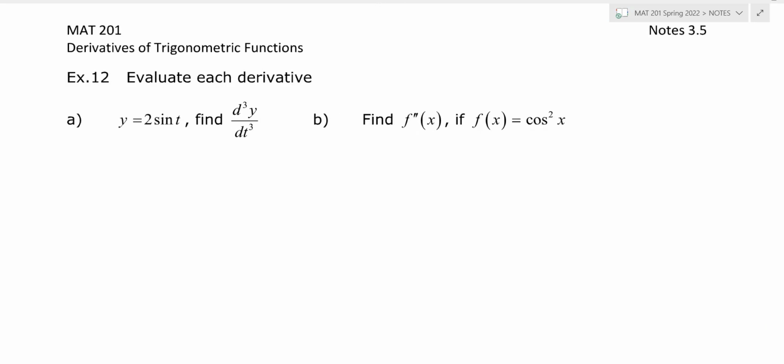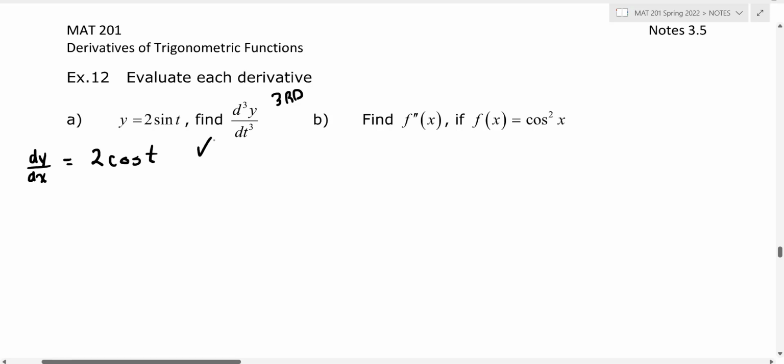First of all, on this one, we're asked to find the third derivative in Leibniz notation. So the first derivative is going to go like this. 2 is a constant. The derivative of sine we learned is cosine. So your first derivative would be 2 cosine t.